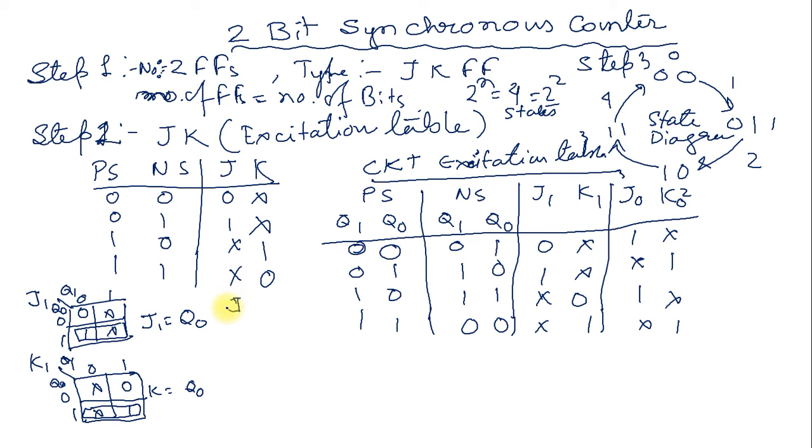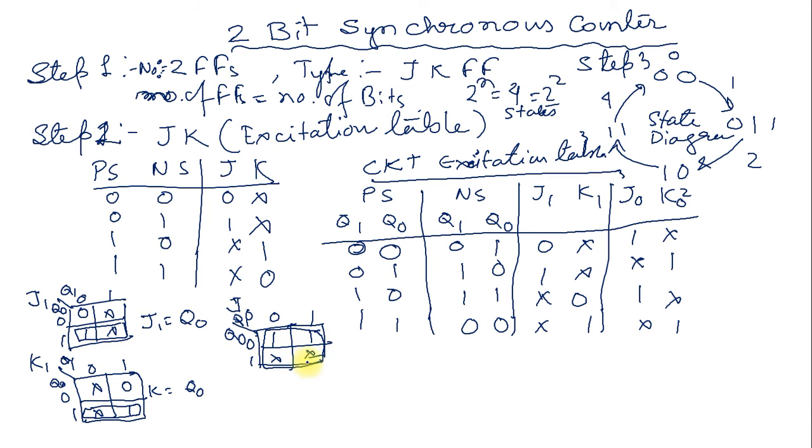Next is J0. For the K-map of J0, Q1, Q0, 0 1 0 1. There is a 1, don't care, 1, don't care. So we can form one total group.